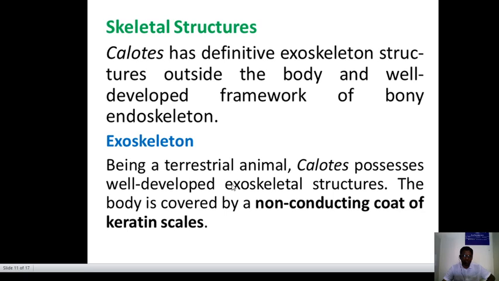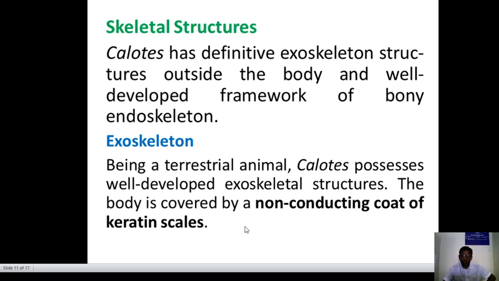Skeletal structure. Calotes has a definite exoskeletal structure outside the body and a well developed framework of bony endoskeleton. Being a terrestrial animal, Calotes possesses a well developed exoskeletal structure.